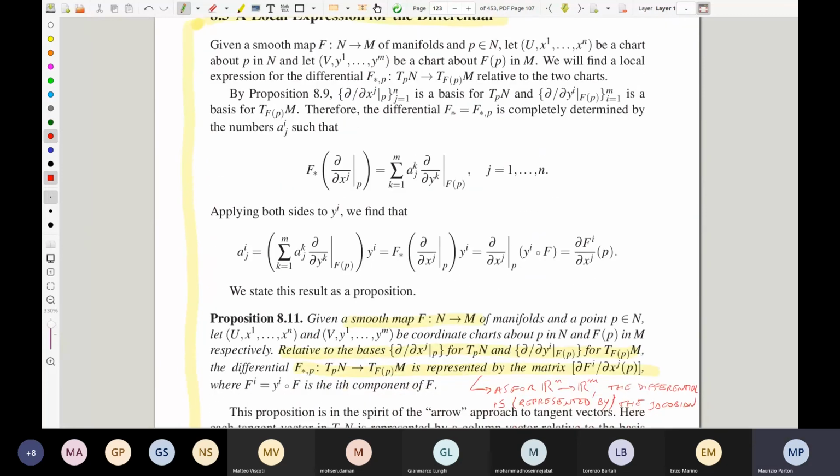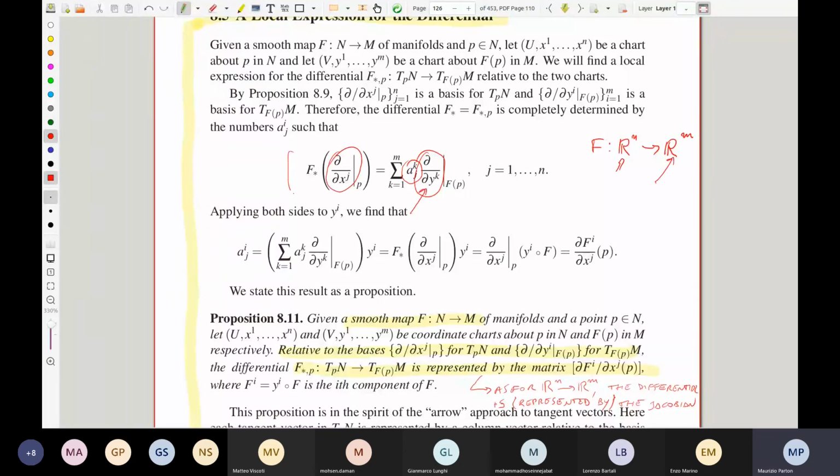Okay, remember the differential of a function is locally given by the function times the partial derivatives. This is still true here. This is the general case of a function from Rn to Rm. So we actually have partial derivatives here and partial derivatives here.